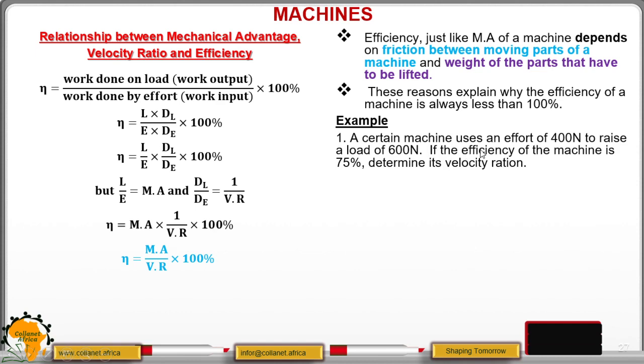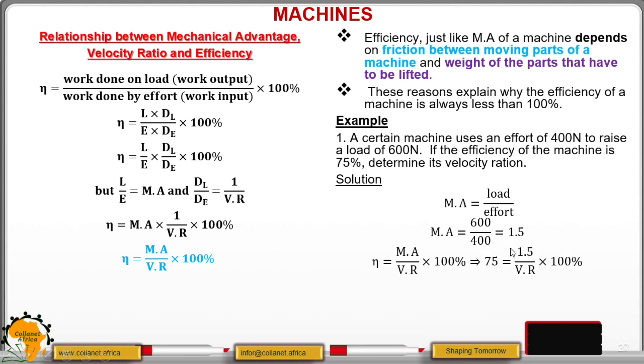A certain machine uses an effort of 400 newtons to raise a load of 600 newtons. If the efficiency of the machine is 75%, determine its velocity ratio. We proceed as follows. Mechanical advantage is load over effort. We have the load, we have the effort, so we just divide, and we get that mechanical advantage is 1.5.